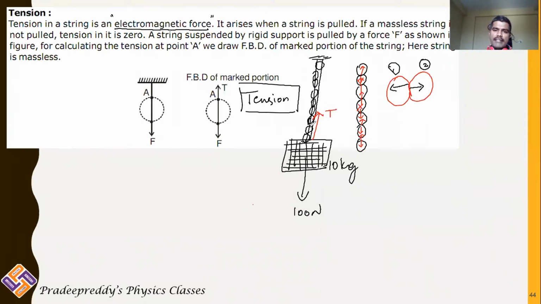Likewise, with the force the last atom pulls the 10 kg mass in the upward direction, in the same way between two atoms of the wire there will be the same interaction, which is equal to tension T at any part of the wire. At any part you may take of the wire, it will have the same tension.